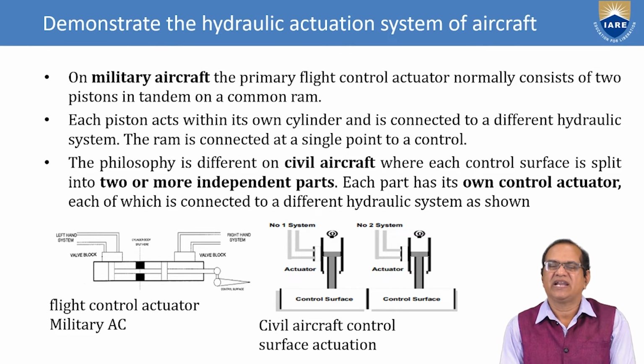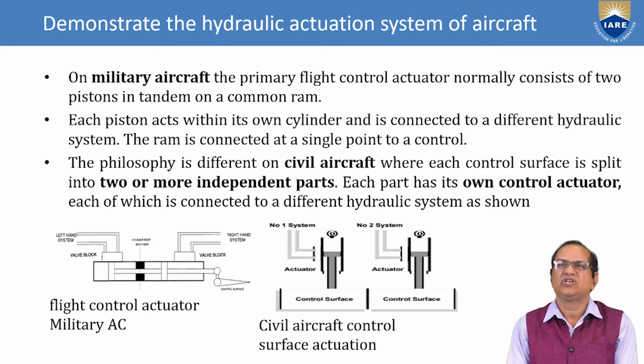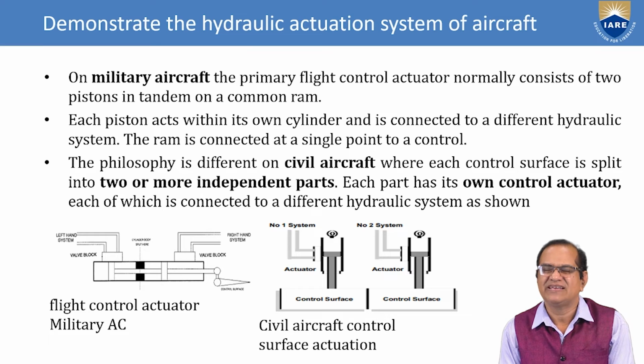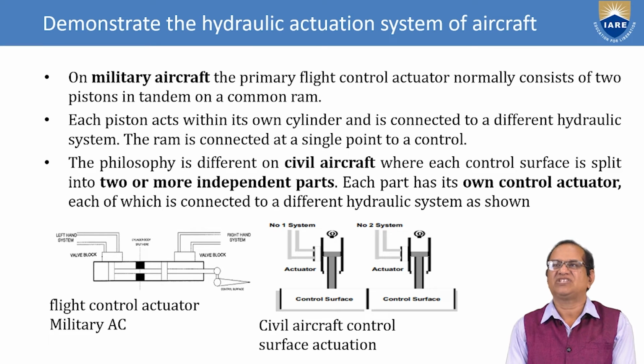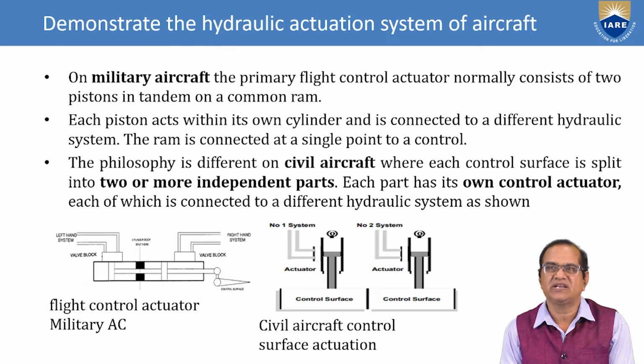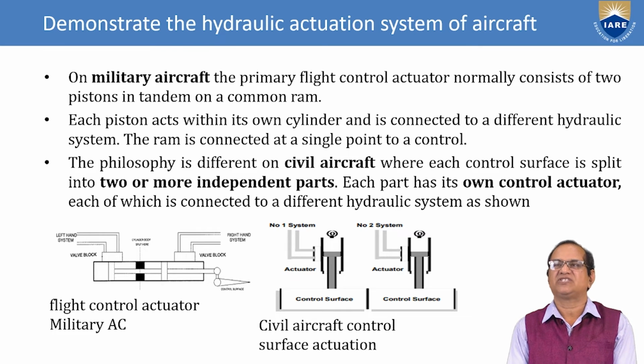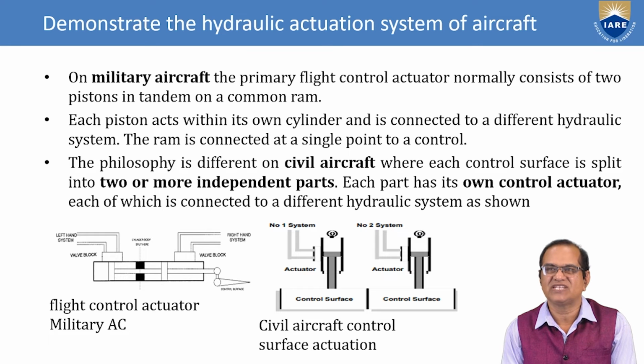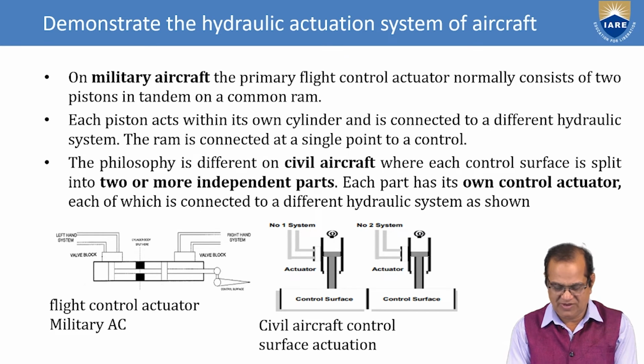The ram is connected at a single point to a control. The philosophy is different on civil aircraft, where each control surface is split into two or more independent parts. Each part has its own control actuator, each of which is connected to a differential hydraulic system as shown.